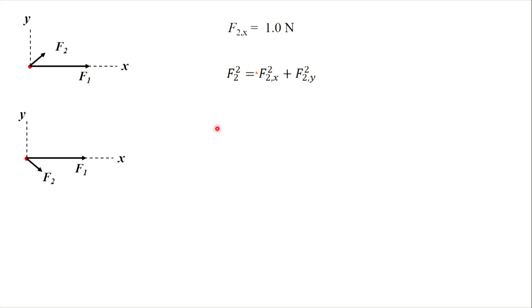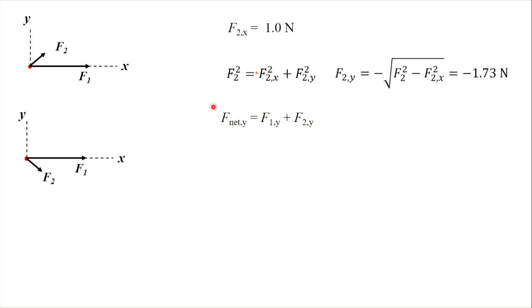We start with finding the y-component of this force using this equation. As a consequence, we have this equation and this answer, because we know both F2 and F2x. Then we take the y-component of the net force.